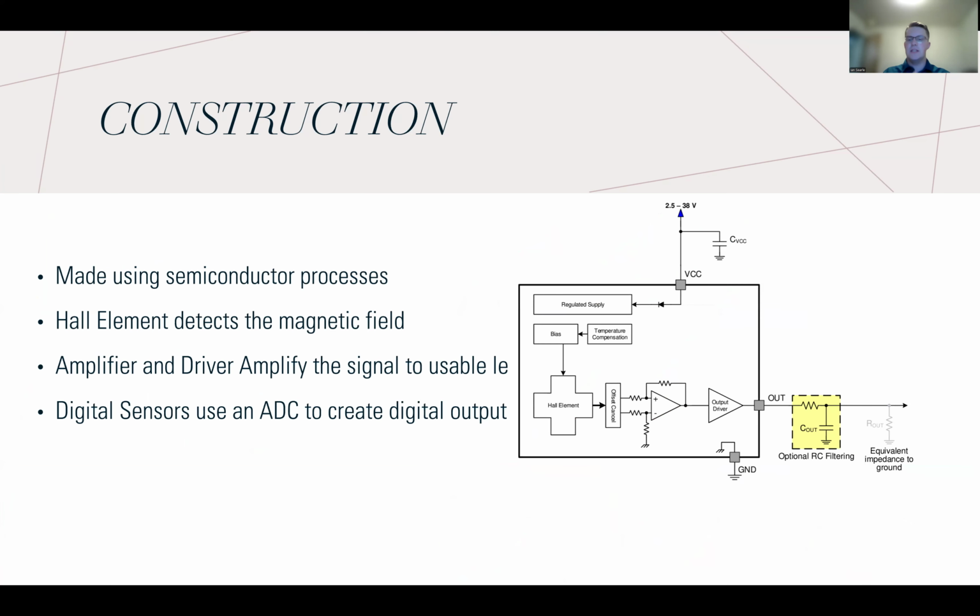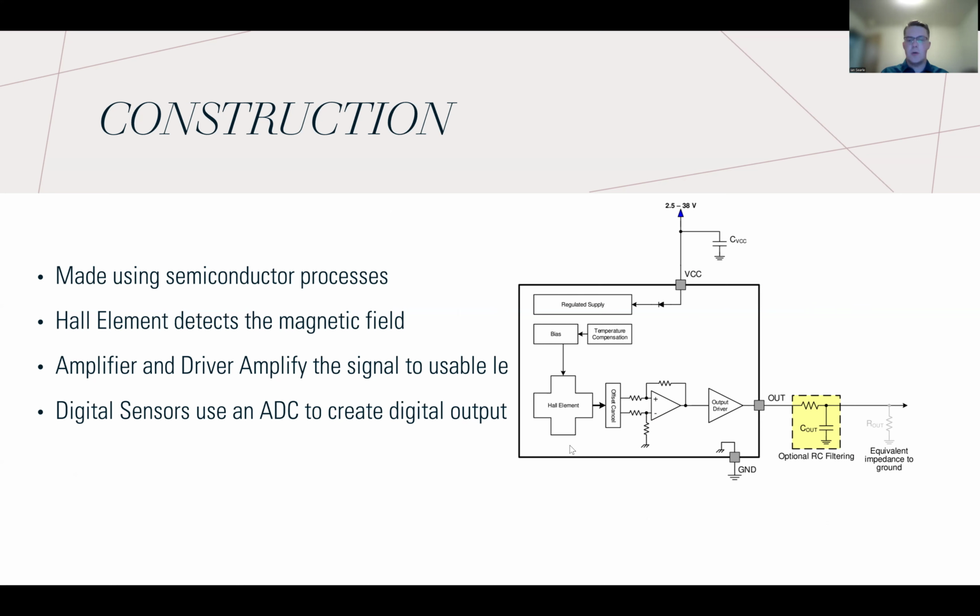Here we have a basic schematic I got off of a TI Hall effect sensor. We build it using modern semiconductor processes. The Hall element, represented by this cross element down here in the middle, is detecting the magnetic field. We supply a voltage, and then they have some temperature compensation because the material changes at different temperatures.